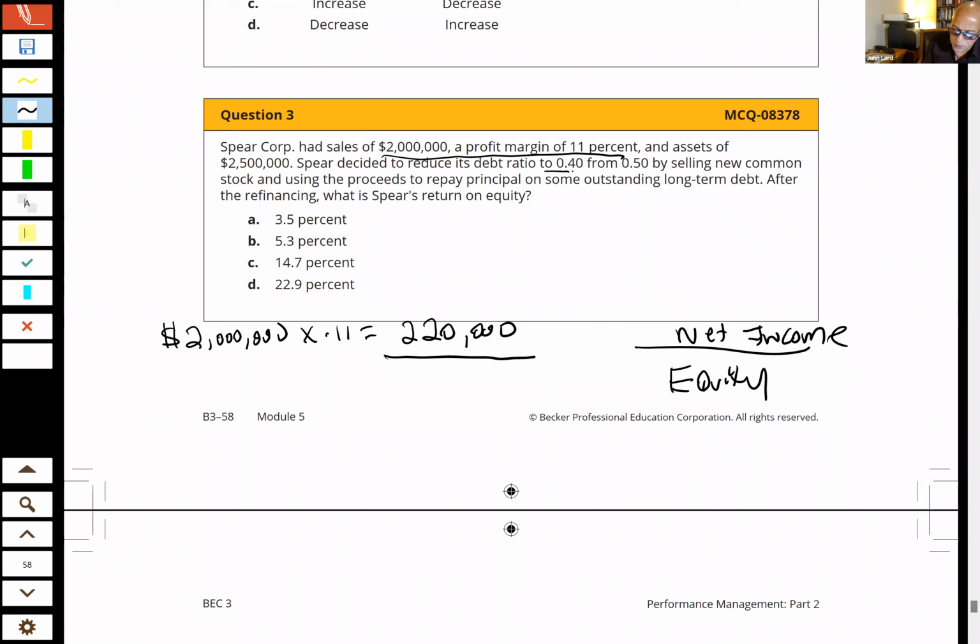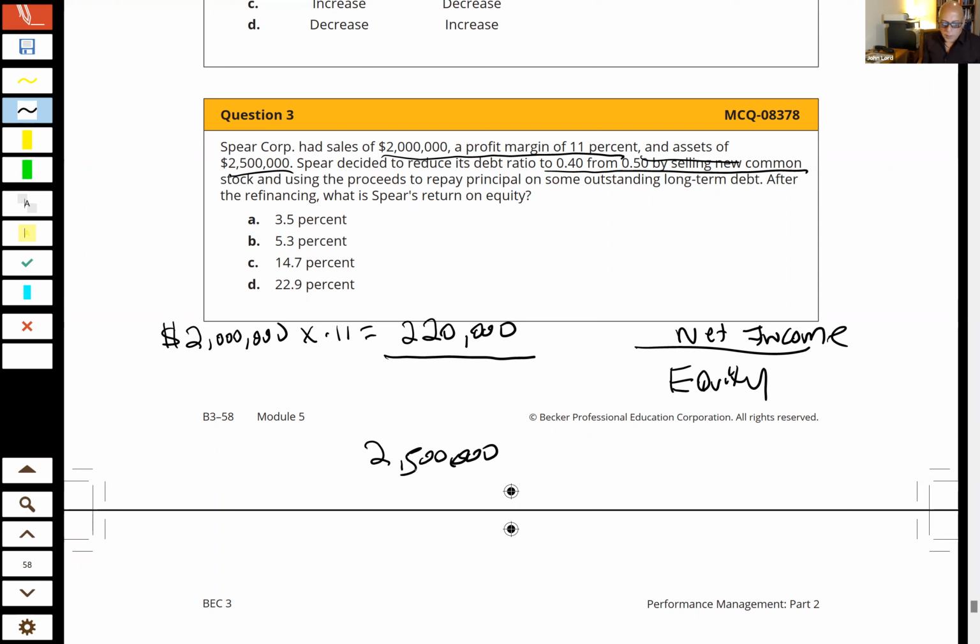And then for the equity, they tell me that they decided to reduce the debt ratio to 40% from 50 by selling new common stock. Well, if my debt ratio goes from 50 to 40, and I have assets sitting here of, excuse me, not 2 million, but 2,500,000.